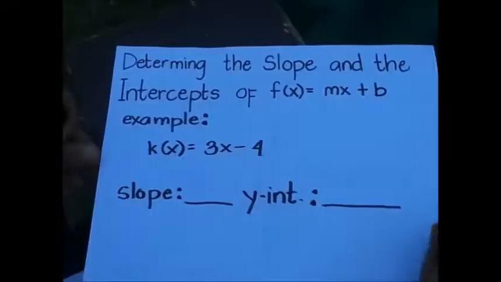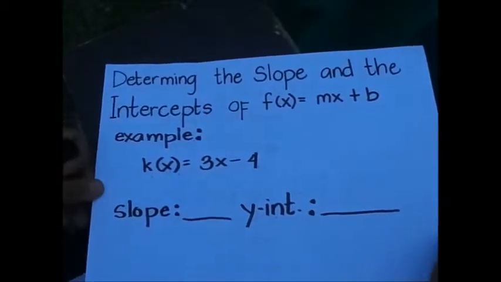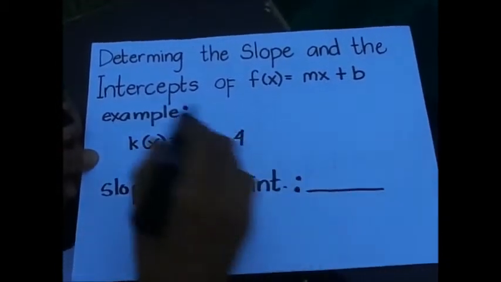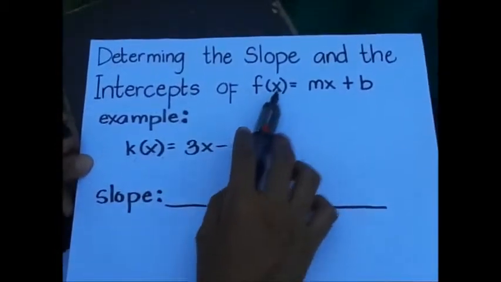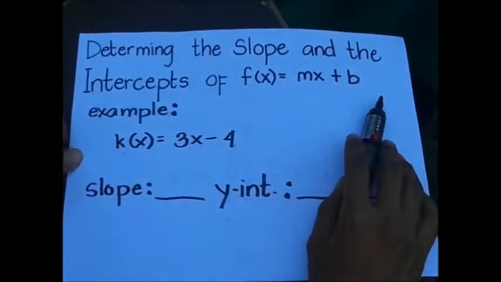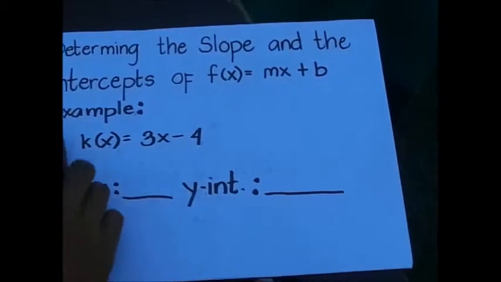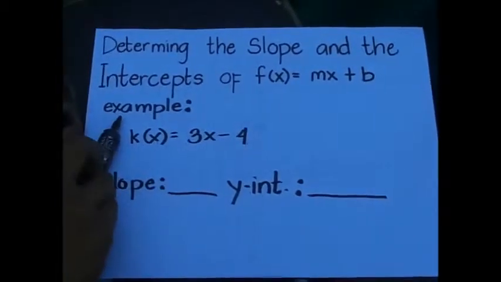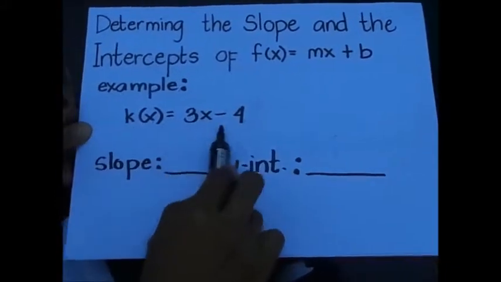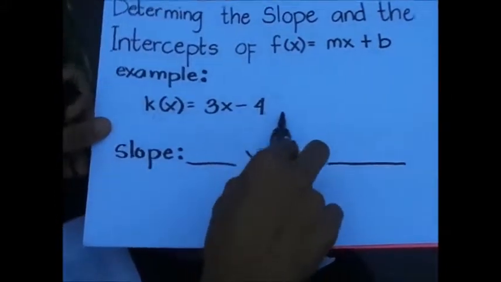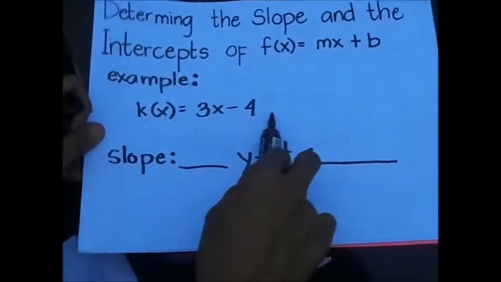negative. For the next subtopic that we will discuss, it's all about determining the slope and the intercepts of f of x is equal to mx plus b. First, we will give one example: f of x is equal to 3x minus 4. This is very, very simple.